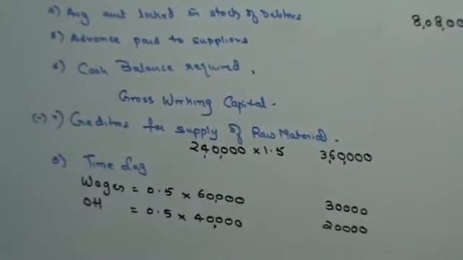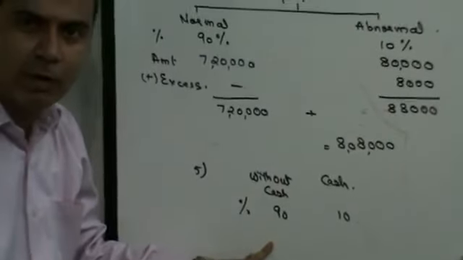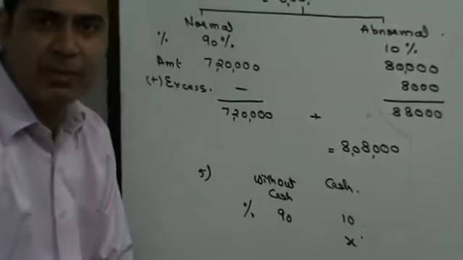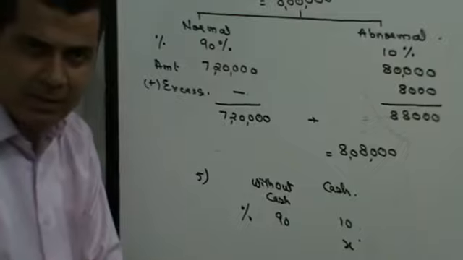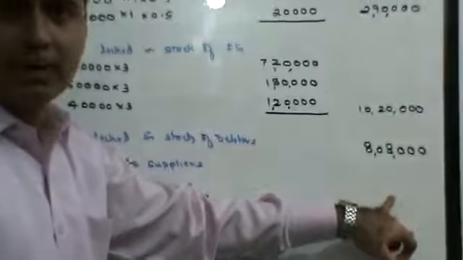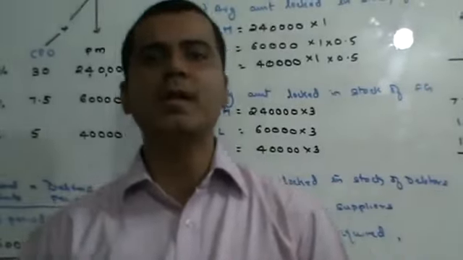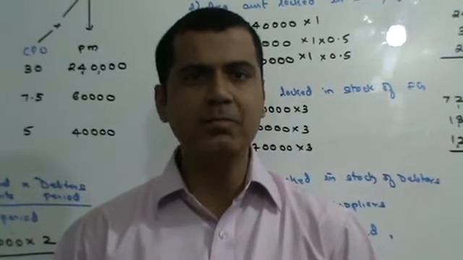Write that figure below as without cash and cross multiply, you will get the cash balance, right? Once you get the cash balance, write that amount in cash balance required and complete the sum. The balance part of the sum you should be able to complete on your own now, right? This finishes this sum. Thank you very much.